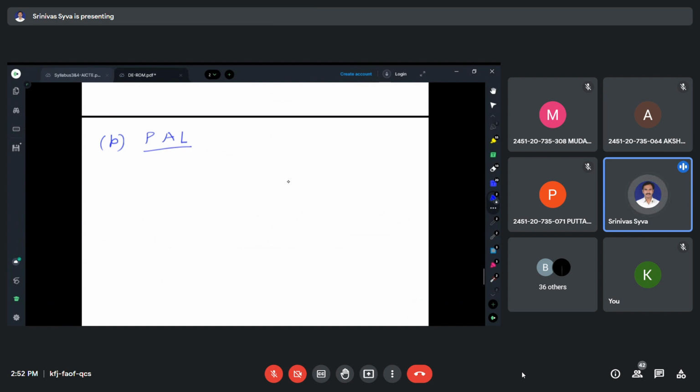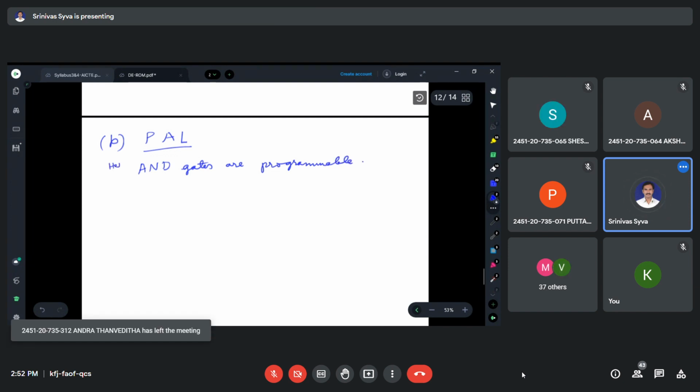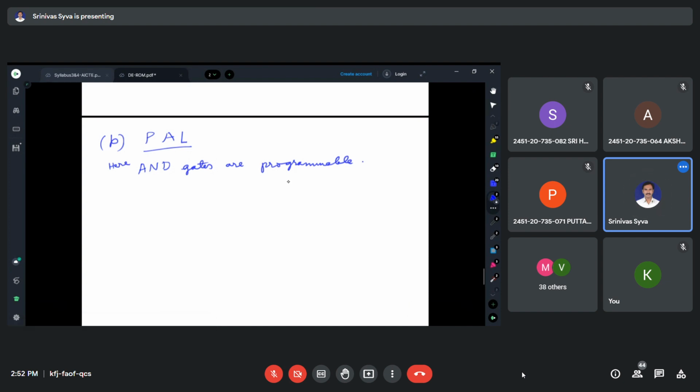In PAL, AND gates are programmable. What is the meaning of the statement? The AND gates are an array of AND gates, and they are programmable.